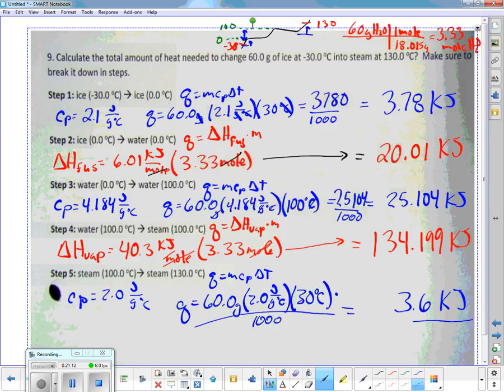Then all I have to do is add those all up, and I've got my total. And since we're moving from ice to steam, it's going to be positive. If we were doing the other way, it would end up being negative.